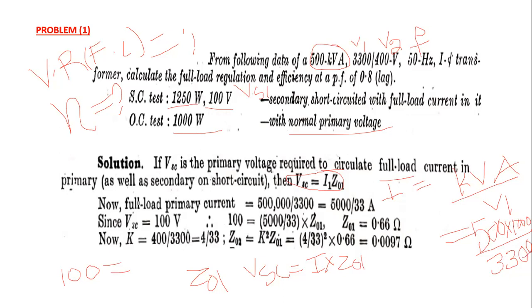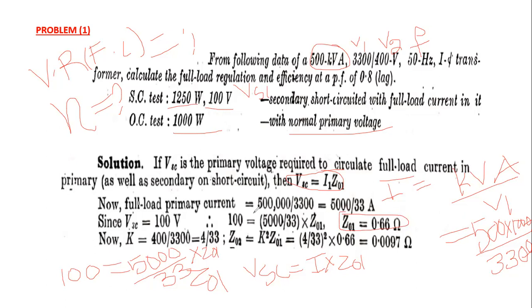The two zeros get cancelled, and we obtain 5000 by 33, which is the primary current I. So 100 is equal to 5000 by 33 into Z01. From this equation, we obtain Z01 is equal to 0.66 ohms.